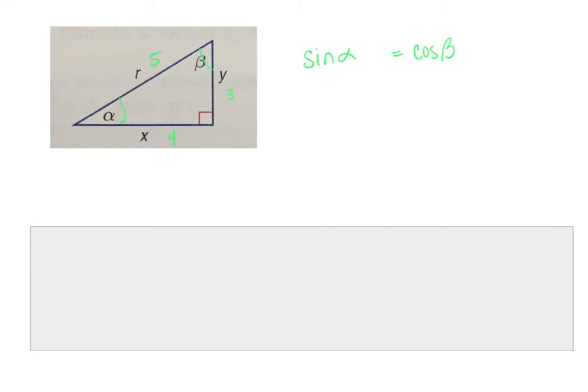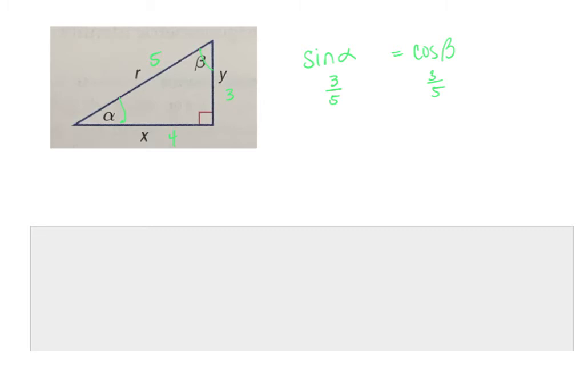Cosine of beta is adjacent over hypotenuse. So you can see that when you have a right angle, your angles kind of correspond to each other with their sine and cosine. All right?